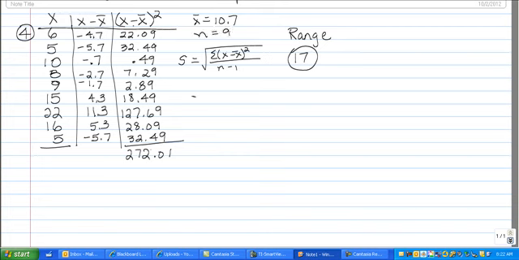So we're going to take the square root of 272.01 divided by 9 minus 1, which is 8. Divide that by 8 and take the square root. I'm getting 5.83. Oh, it's a miracle I got the right answer.